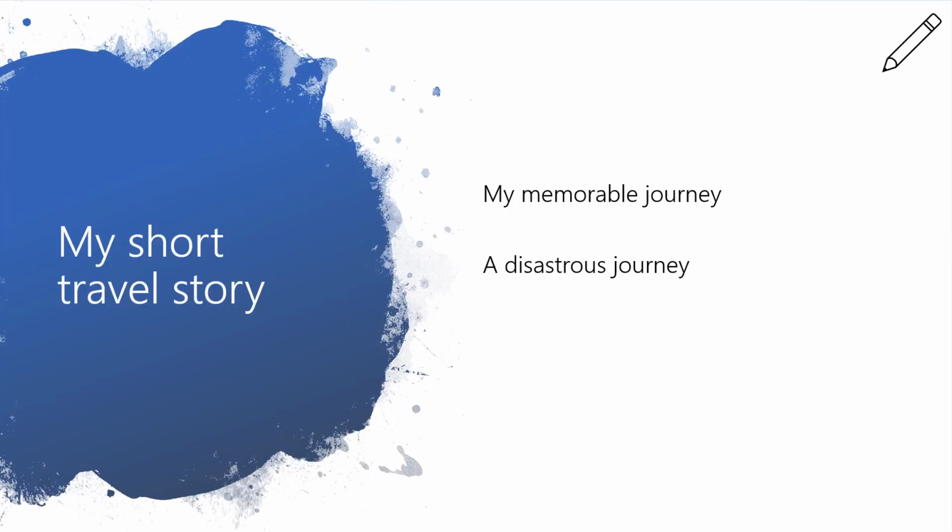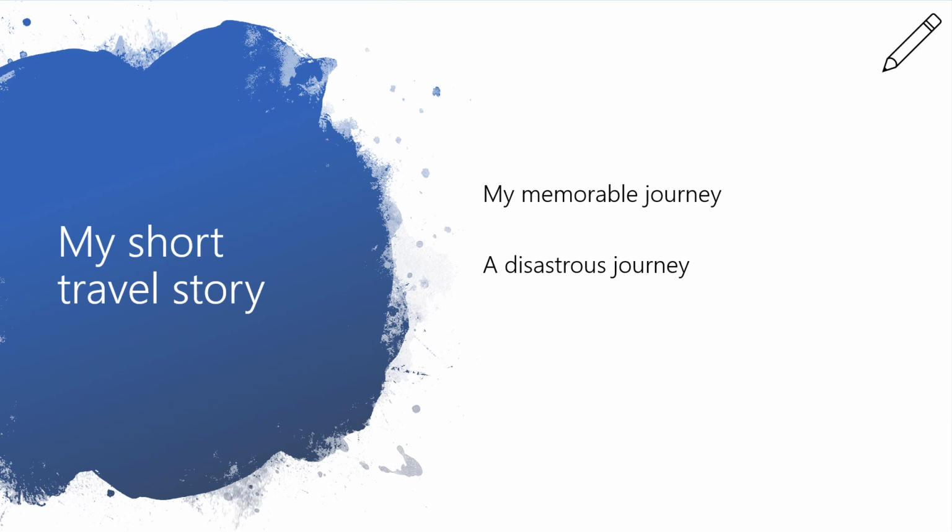Now it's your turn. You're going to write a short travel story. It is up to you whether you will write about your memorable journey or a disastrous journey. Think about your travel experience and try to write a short travel story.